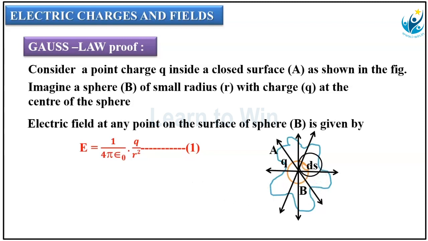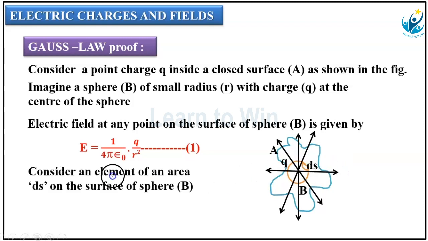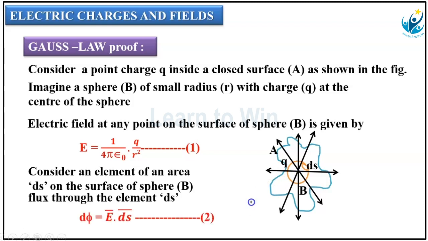Now, consider a small elemental portion ds. This ds is the area of this element. For this element which is situated on the surface of sphere B, the flux through this element is d phi, where the electric field intensity at this point is E bar and ds bar is the area of this element.